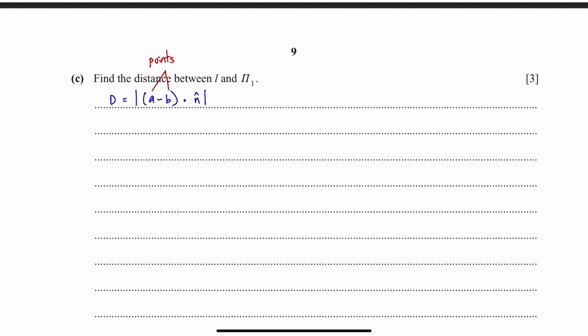One is the outside point, which is the point that's not in the plane, and this can be the point that's inside the plane. You can switch it because by the end of the day, we are still getting the modulus of it. So the answer will be the same. And this is the symbol for unit vector.